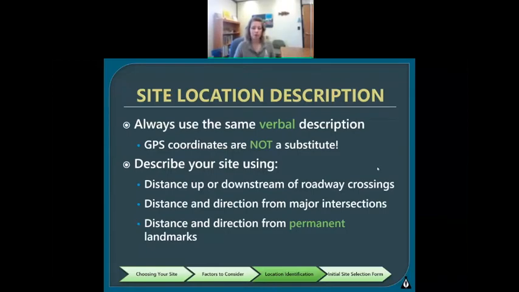And a good verbal description can be referencing north, south, east, or west, roads, cities, bridges, intersections, stuff that you can actually find on the map. With that said, you don't want to be referencing trees or stores, temporary things, okay?